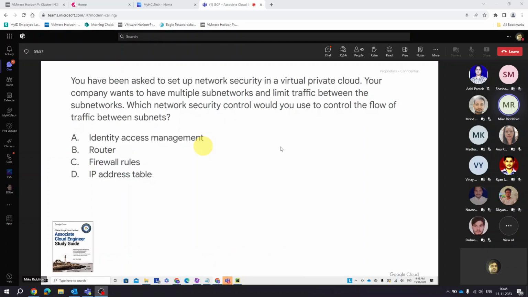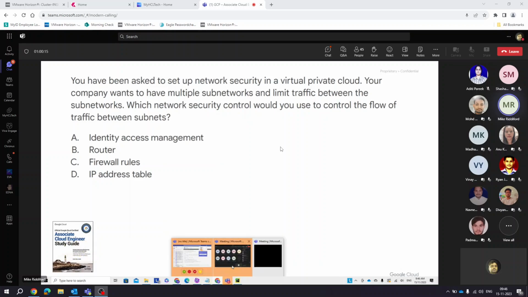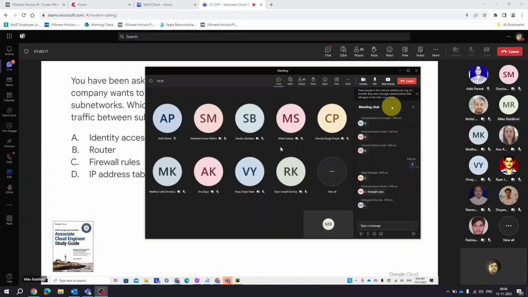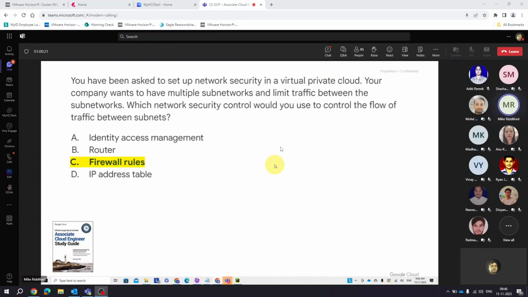I think this one is easy. So A, B, C, or D. Again, this is from the study guide as well. Okay, good. You all seem to be going for C, which is correct.